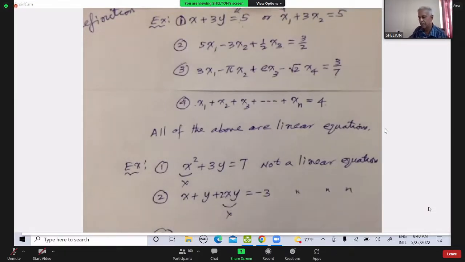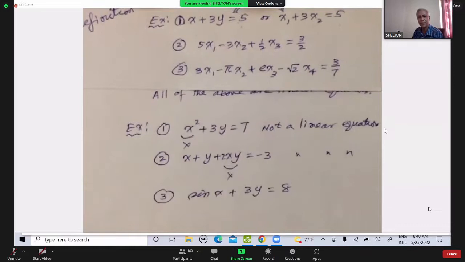Third one, sin x plus 3y equals 8. I'm using 2 variables. Sin x plus 3y equals 8. Is that a linear equation? What do you think, students?